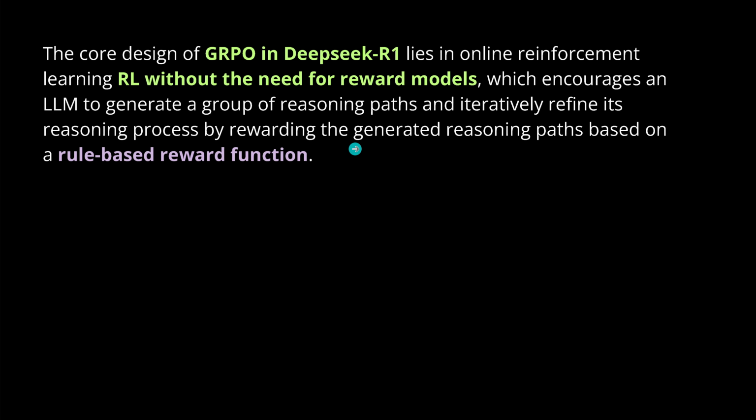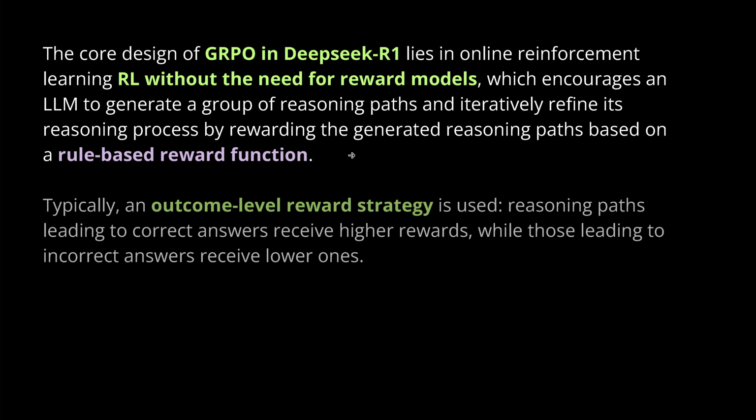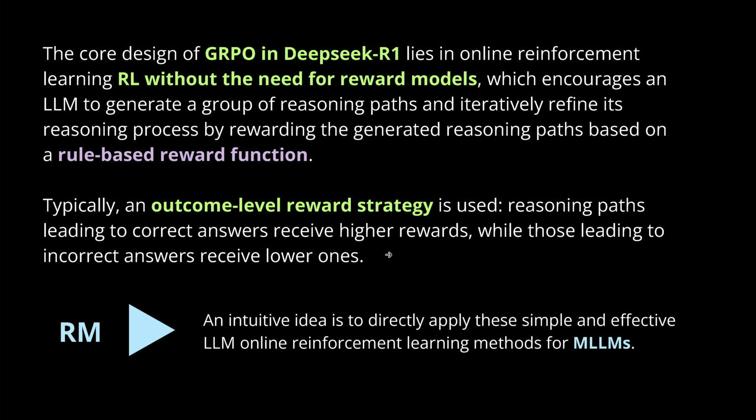So no AI model, simple rule-based function. Second was, we were working with an outcome level reward strategy. No? All the reasoning paths leading to a correct answer that were finally validatable received higher rewards, while those leading to the incorrect answer received lower ones, the classical one.